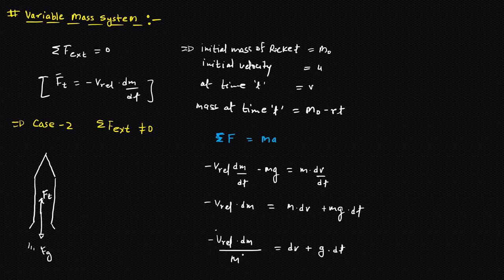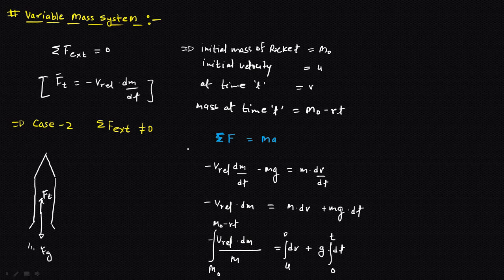So we are going to integrate this equation. The mass is changing from m naught to m naught minus rt, the velocity is changing from u to v, and time is changing from 0 to t. Here V relative is constant and g is constant.